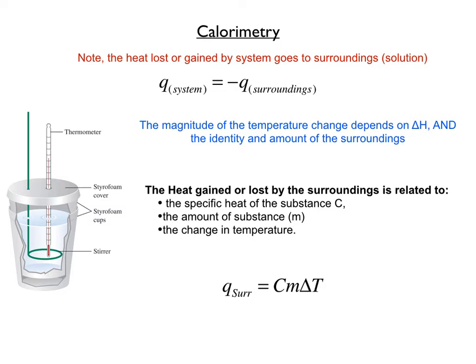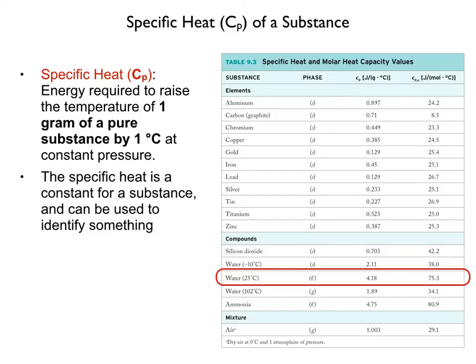So a little bit more about C, the specific heat. When we think about the specific heat, we can actually look up the specific heat of substances in tables. The specific heat is defined as the energy required to raise the temperature of 1 gram of the pure substance by 1 degree Celsius at constant pressure.